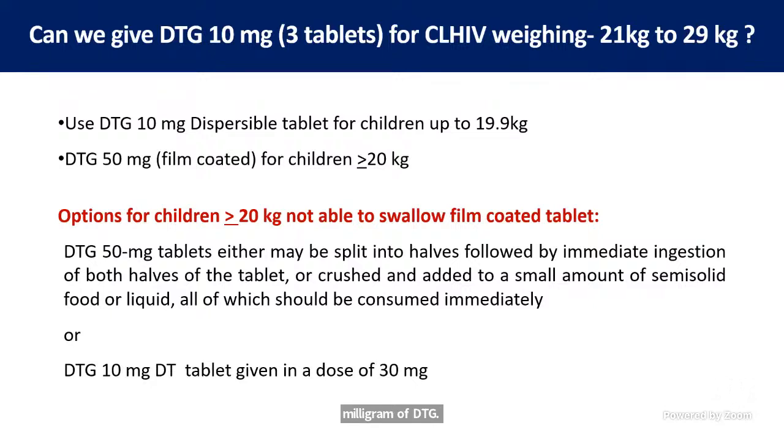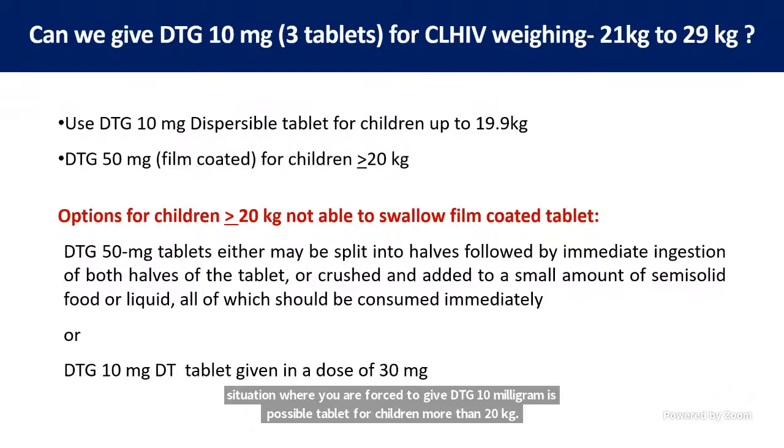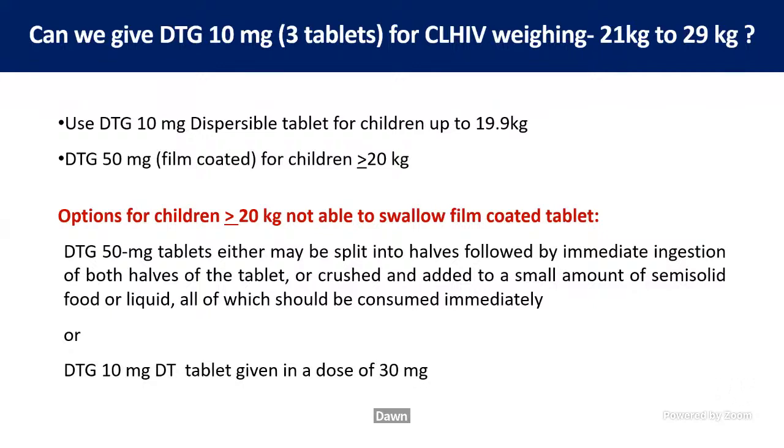So remember one thing, if you are in a rare situation where you are forced to give DTG 10 milligram dispersible tablet for children more than 20 kgs, don't take it as equal, don't take 50 milligram as that, because the bioavailability of 50 milligram DTG film coated tablets is lesser than the 10 milligram dispersible tablet. So you need only 30 milligram if you are using dispersible tablet instead of 50 milligram of film coated tablet.